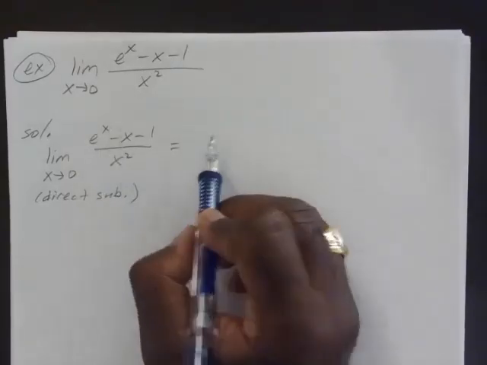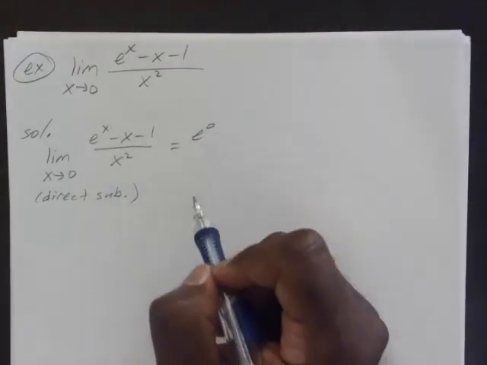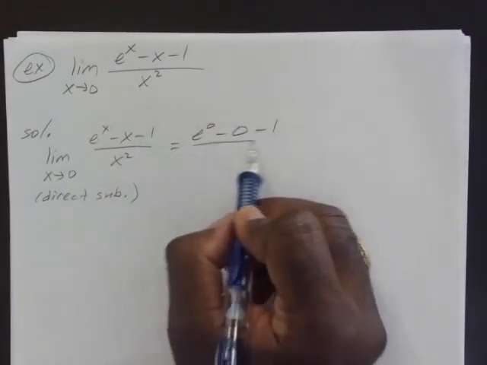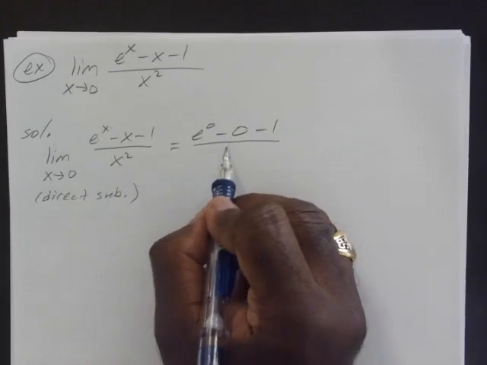Okay, so we have e to the power of 0 minus 0 minus 1, all over 0 squared.